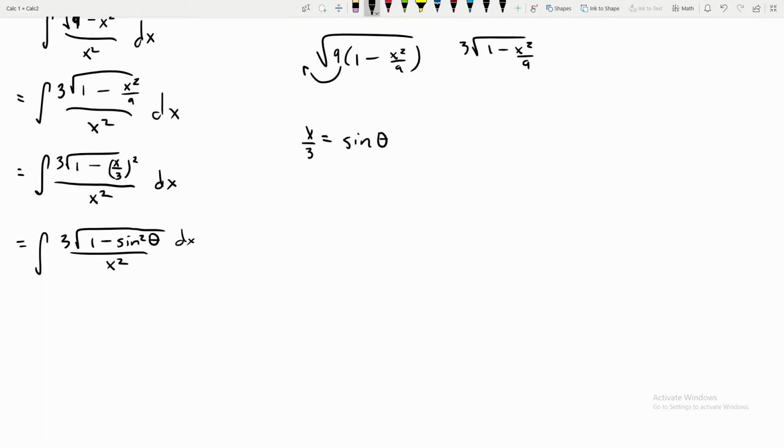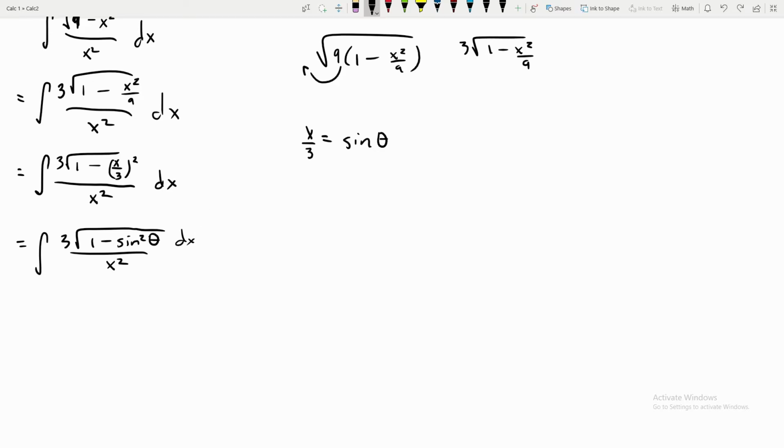So there we go. We have plugged it in and we've got where we want it to, except now we have two variables in here. We have thetas and we have x's, and we want to convert everything to thetas because that's what we've made our substitution with. So we can do that in a couple of ways. Firstly, we need to get rid of this x squared and the dx. So let's get rid of this x squared.